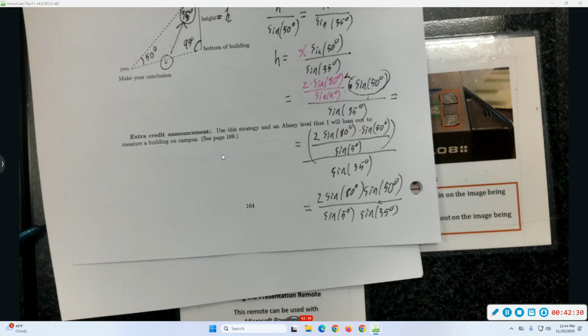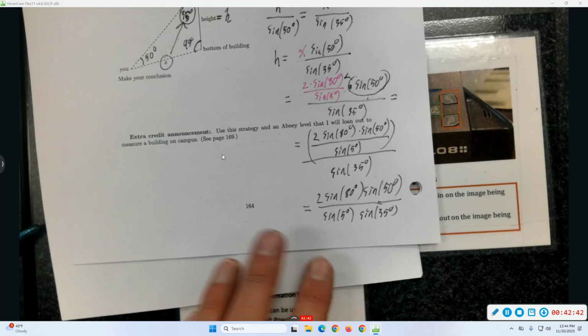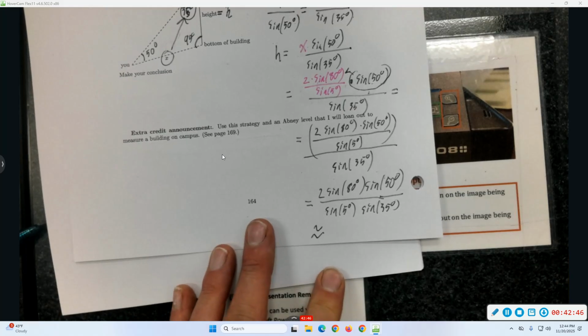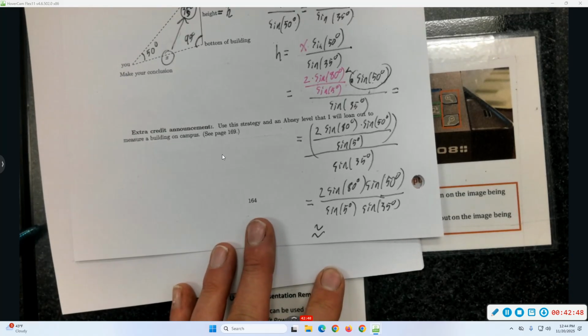So let's now close this out. I probably want the actual numeric height of this building. About how tall is it? Am I forgetting something?